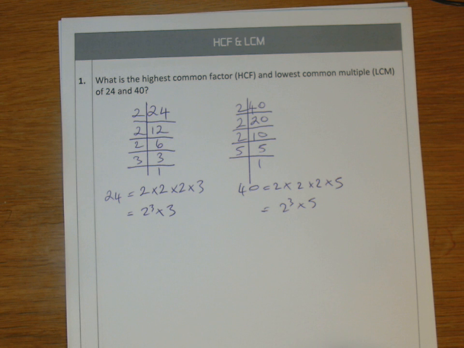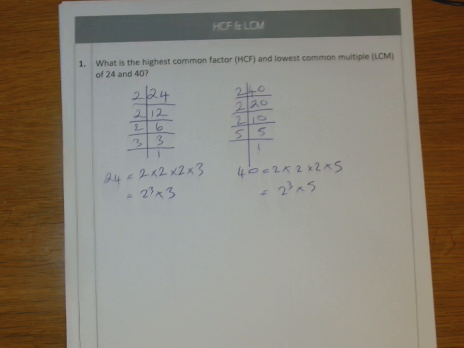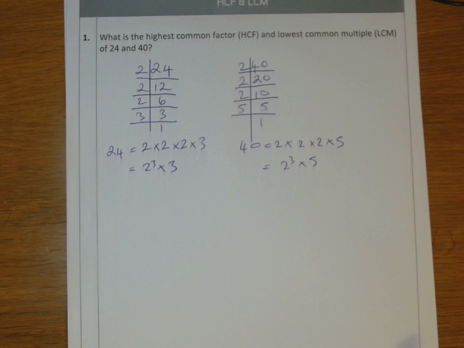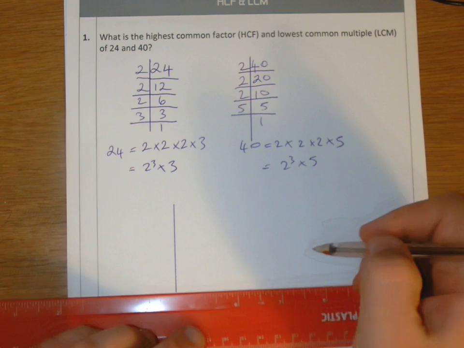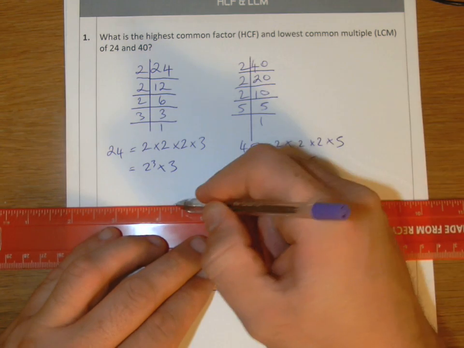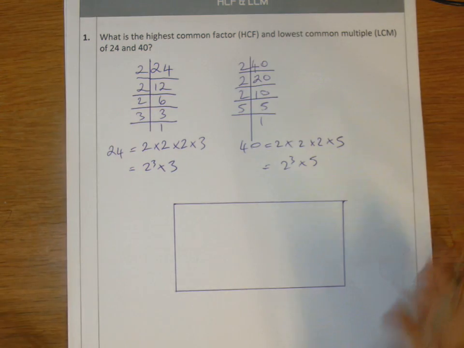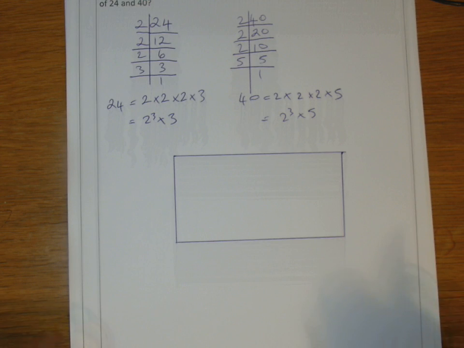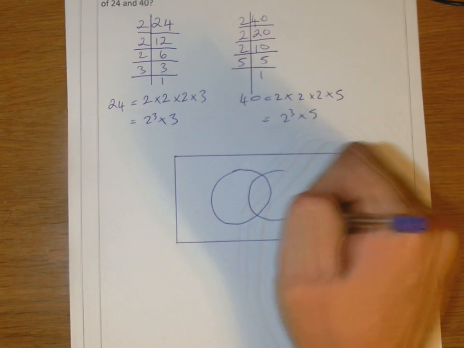Okay, so both calculations there. Now to find the highest common factor and lowest common multiple, there are a few ways to do it, but the best way, the easiest way, is to use a Venn diagram. Even though this is a little bit of work, so you have to construct the Venn diagram, it's actually well worthwhile. So with the Venn diagram we've got our box, and inside that box we've got 2 overlapping circles.